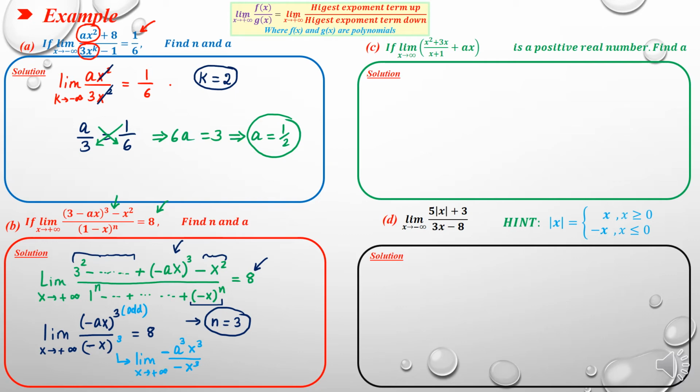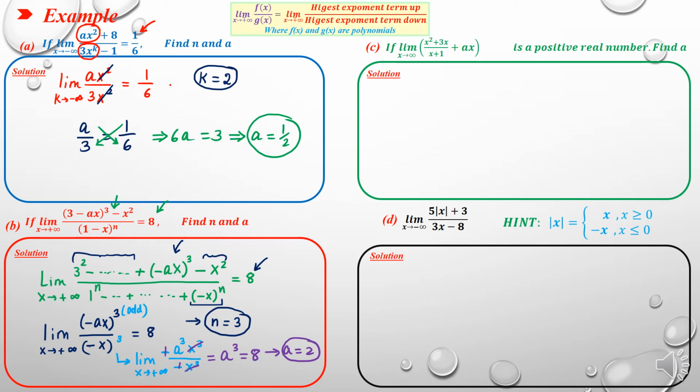Now we can cancel x cubed with x cubed and the negative sign with the negative sign, and you will get a cubed equals 8. And by taking the cube root of both sides, you will get a equals 2. So this is the value of a.